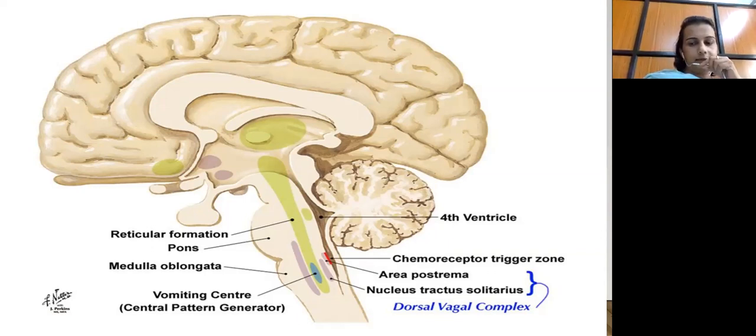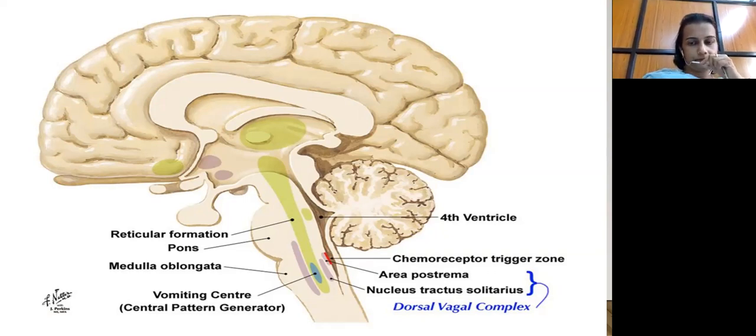The blood-brain barrier is not very active here, and that's the reason why one of the causes of nausea and vomiting in our population is toxins and drug-induced. They act on the CTZ and the receptors there, and hence the medications that we use to manage vomiting because of toxins also act on the receptors in the CTZ.